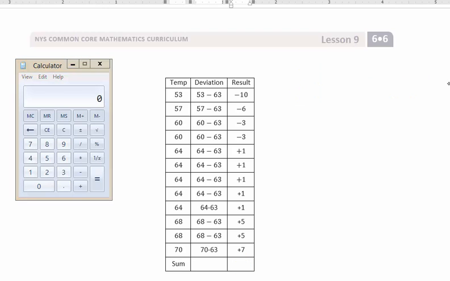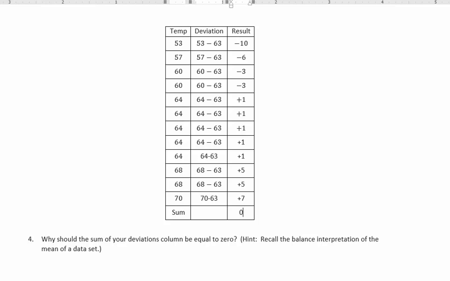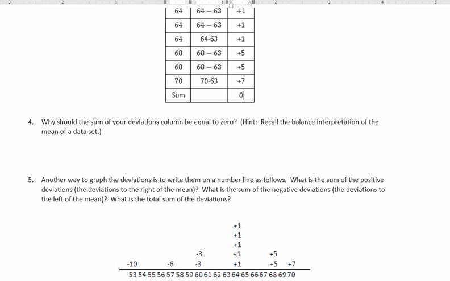Okay, so let's continue. My sum is 0. Why should the sum of your deviations column be 0? So here's my hint. We call it the balanced interpretation of the mean of a data set. We already discussed it. So I'm going to fill my answer in.